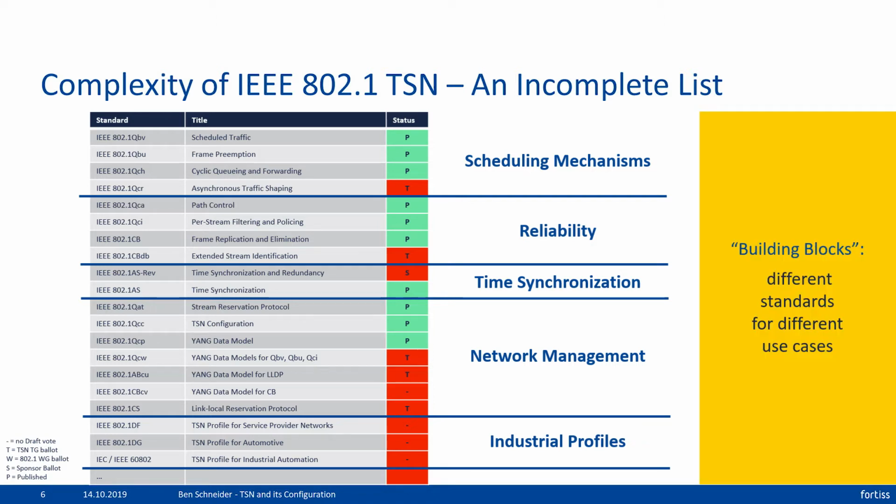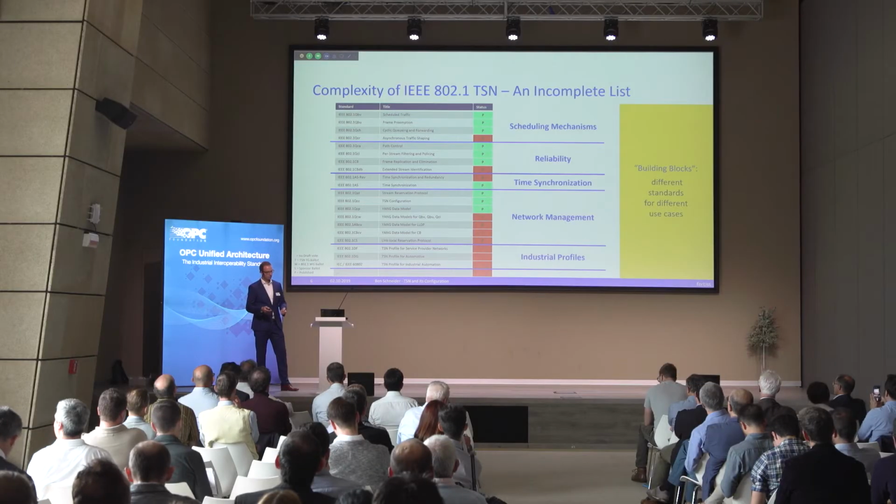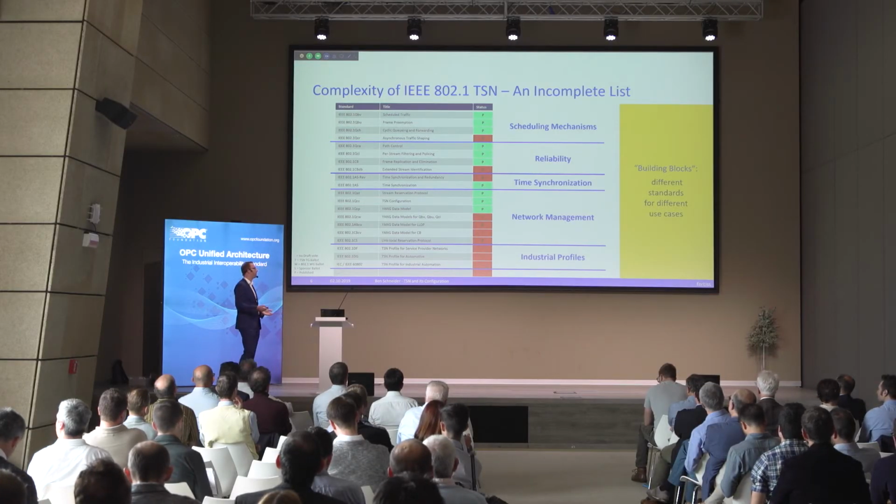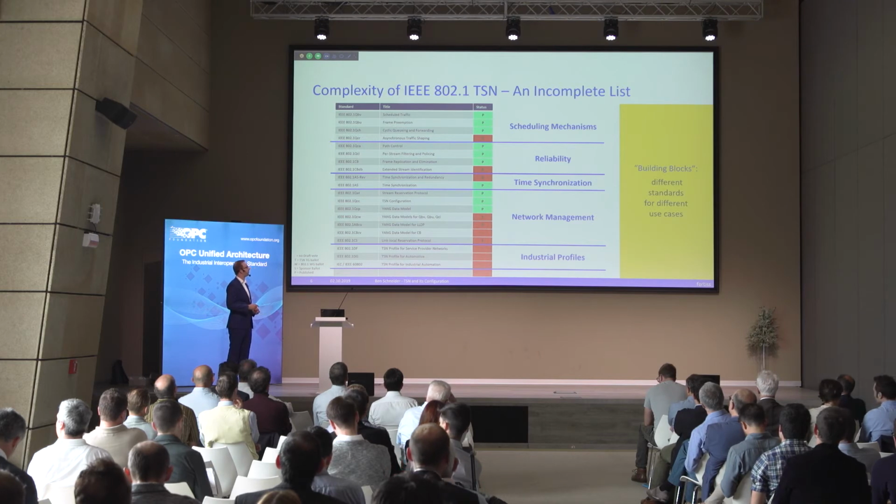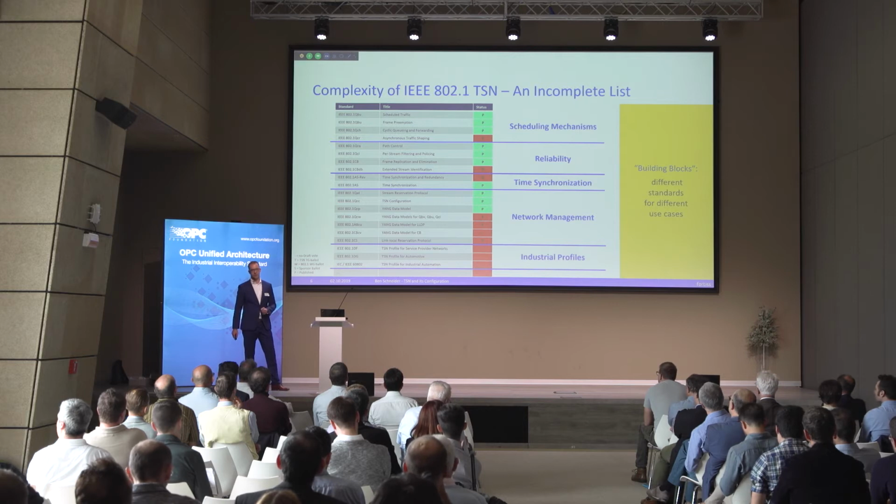So the idea in the end is to have some building blocks. The good news is that, based on the use case, you can combine different kinds of these standards, and you don't necessarily have to implement all of them.